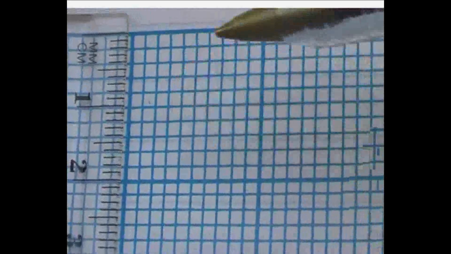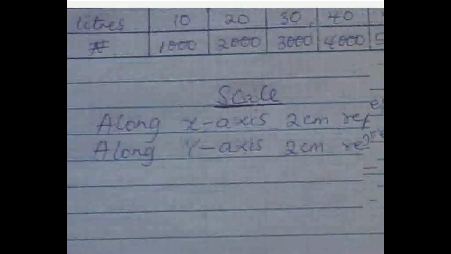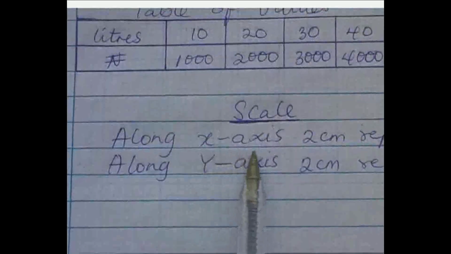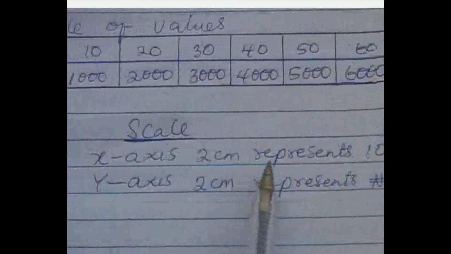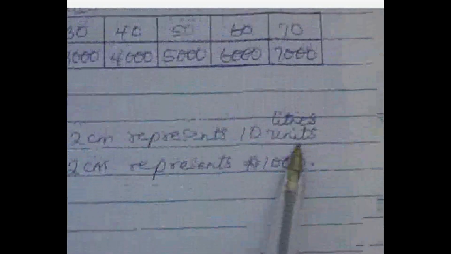That was why we chose this scale. Look at the scale. We said along x-axis that 2 cm represents 10 liters or 10 units.